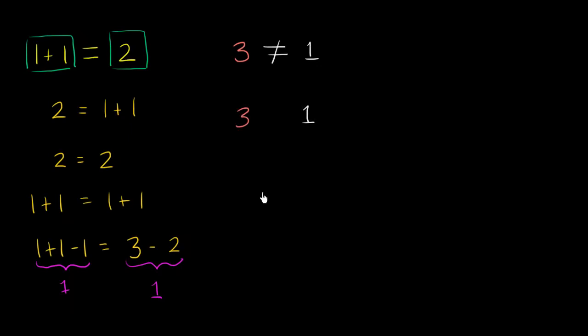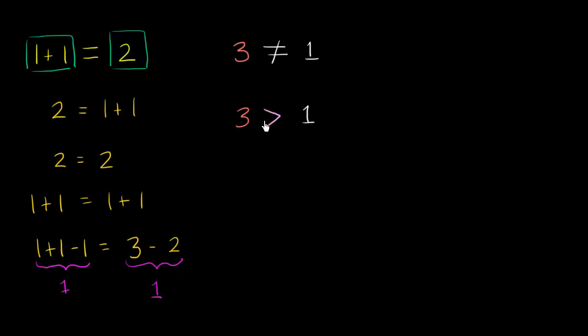The symbol for doing that is the greater than symbol. This literally would be read as 3 is greater than 1. 3 is a larger quantity. If you have trouble remembering what greater than means, the larger quantity is on the opening.